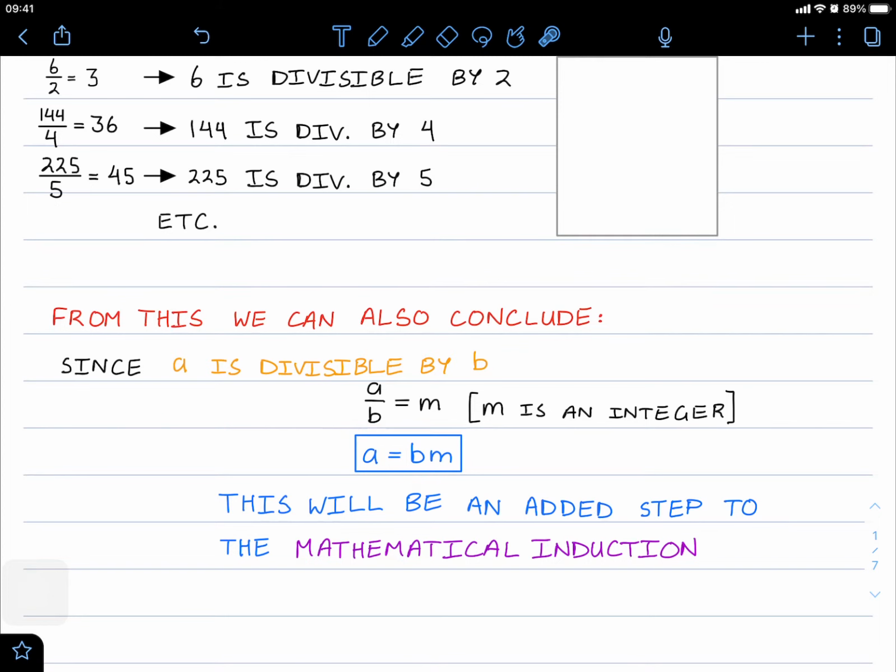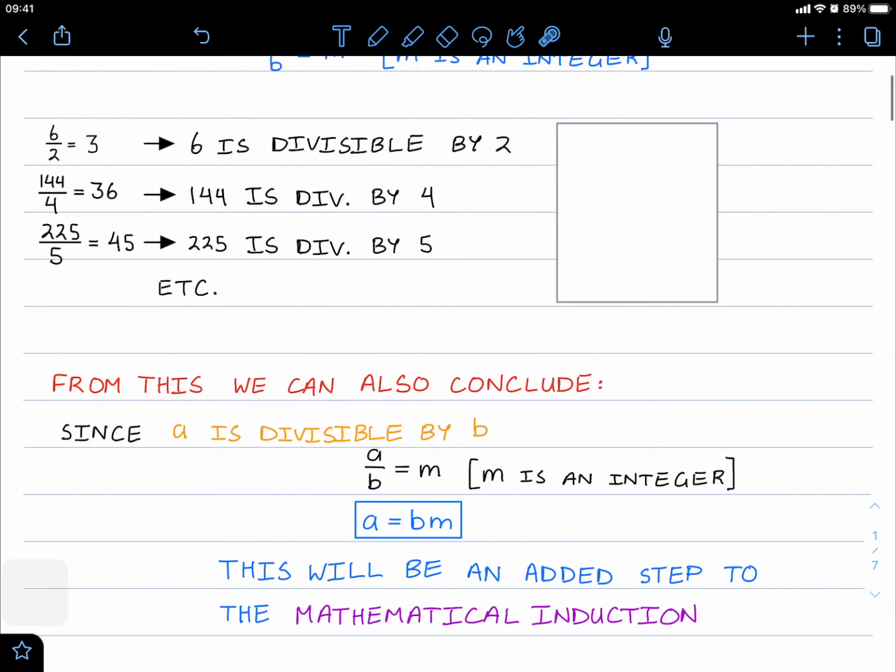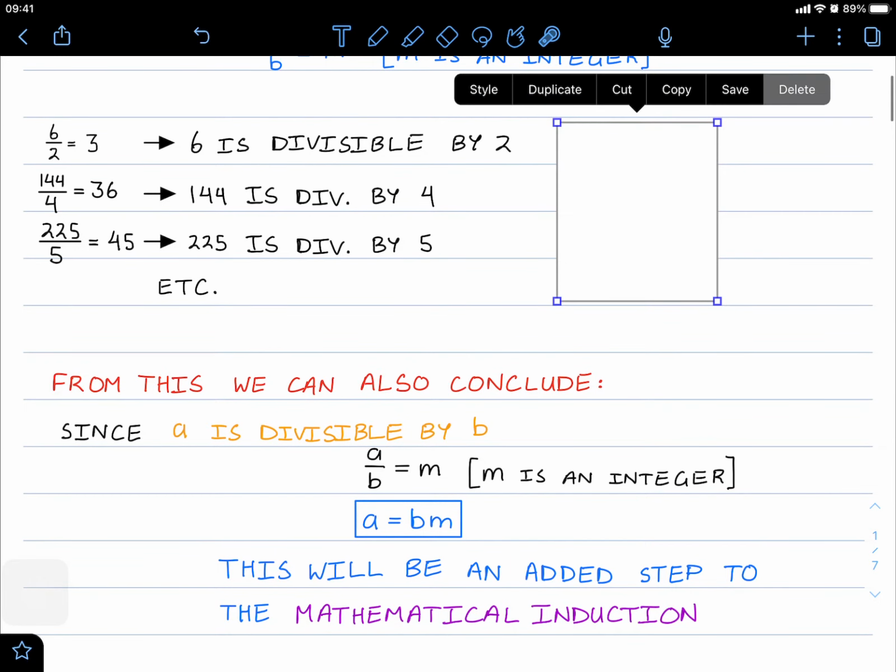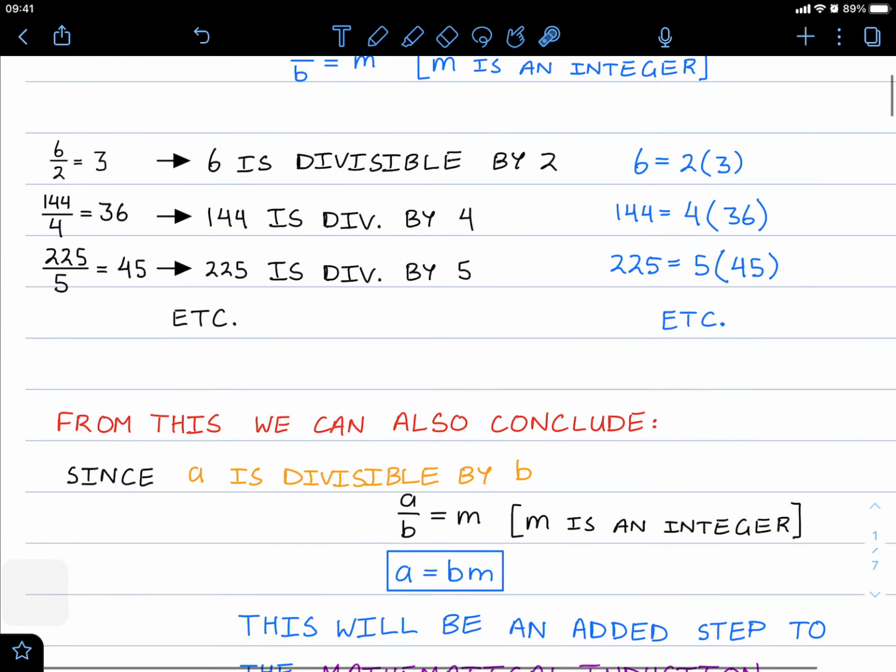This will be an added step to the mathematical induction for divisibility. Using this, since 6 is divisible by 2, 6 can be made from 2 times 3. Likewise, 144 is divisible by 4, then 4 times 36, and so on.